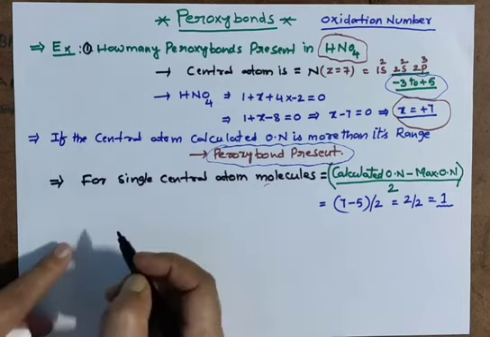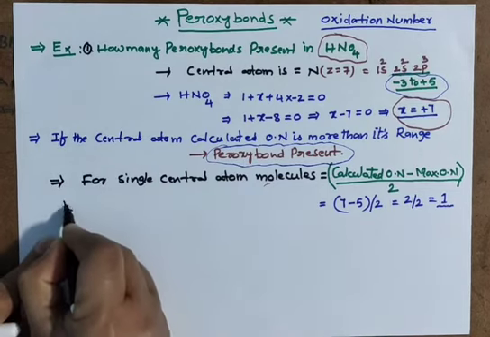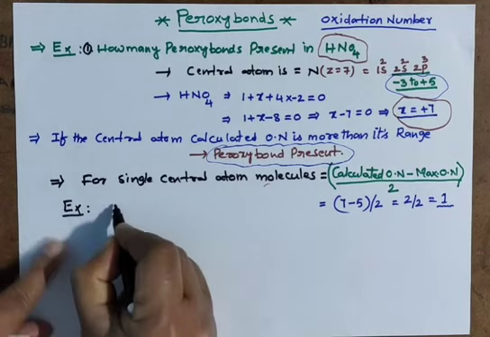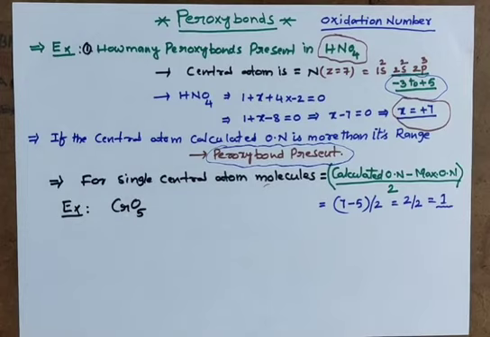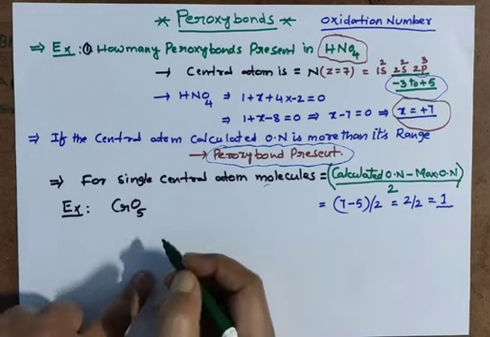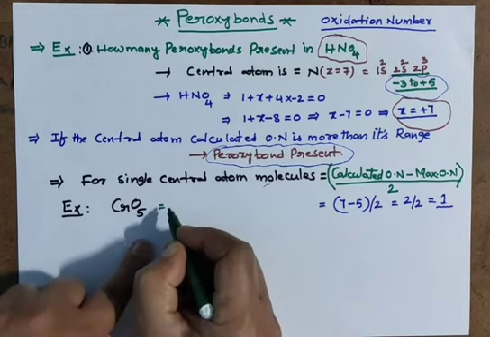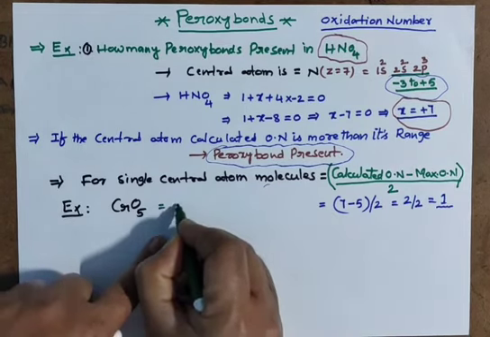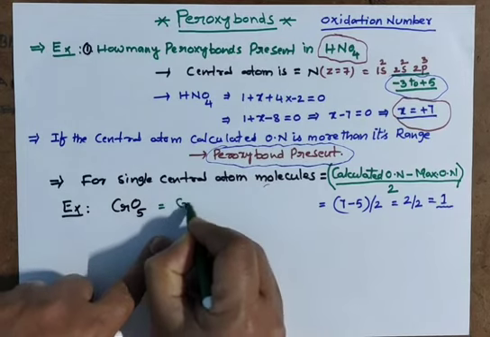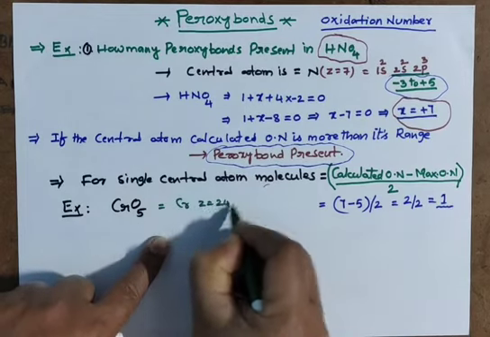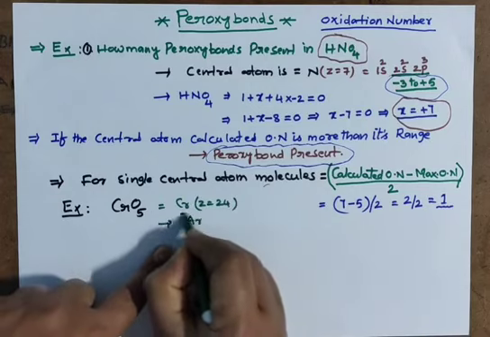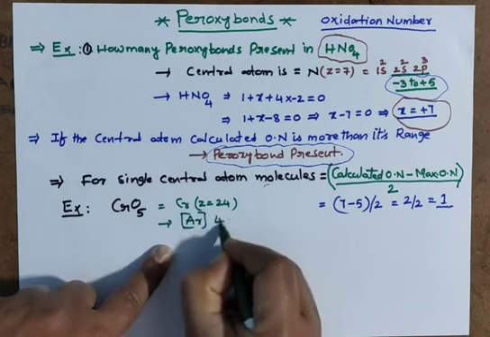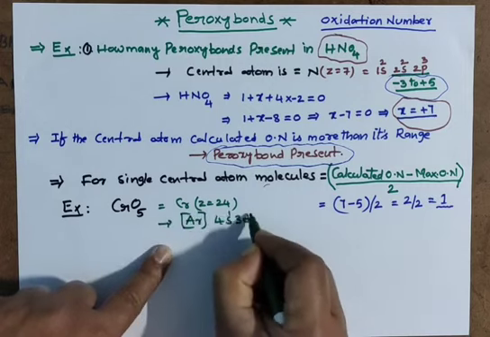One more example I am taking here. Example number 2: this time I am taking CrO5, chromium peroxide. Now for chromium's oxidation number, you go for the electronic configuration. Chromium atomic number 24, you know very well. Its electronic configuration is argon 4s1 3d5.